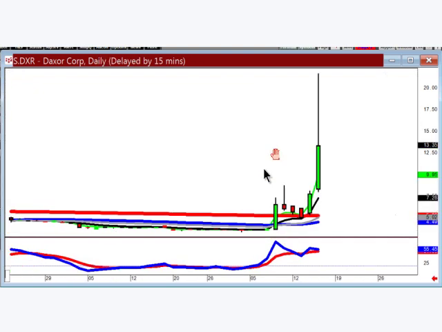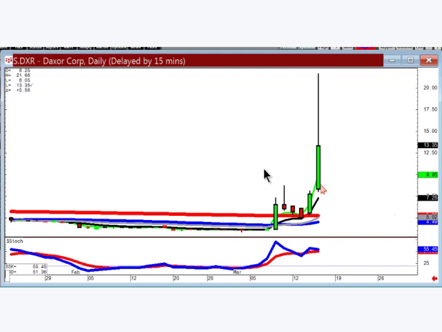The further away you are from the T-line, the higher the probability it's going to come back down and test it. Secondly, if you're buying a stock somewhere down in here at $6, $7, $8, $9, and it goes to $21 or $22, most people are happier with a 10% return on their portfolio in a year.